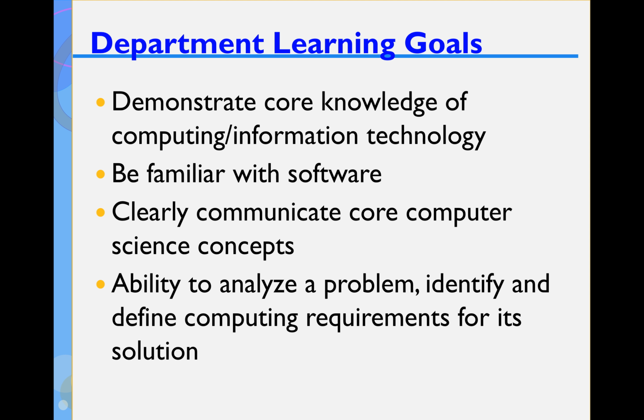So this course satisfies a number of different department learning goals for the Department of Computer Information Science. These include demonstrating core knowledge of computing and information technology, being familiar with software, being able to use appropriate computing language when you talk about computing, and the ability to analyze a problem, identify, and define its computing requirements.